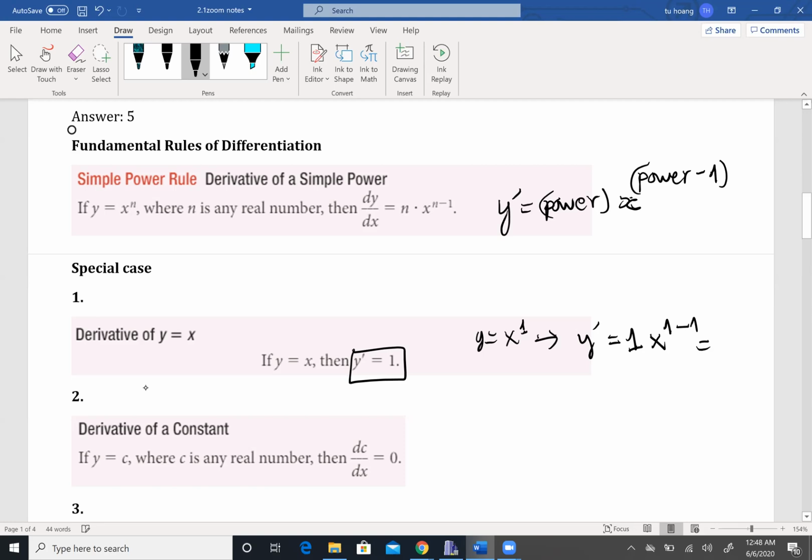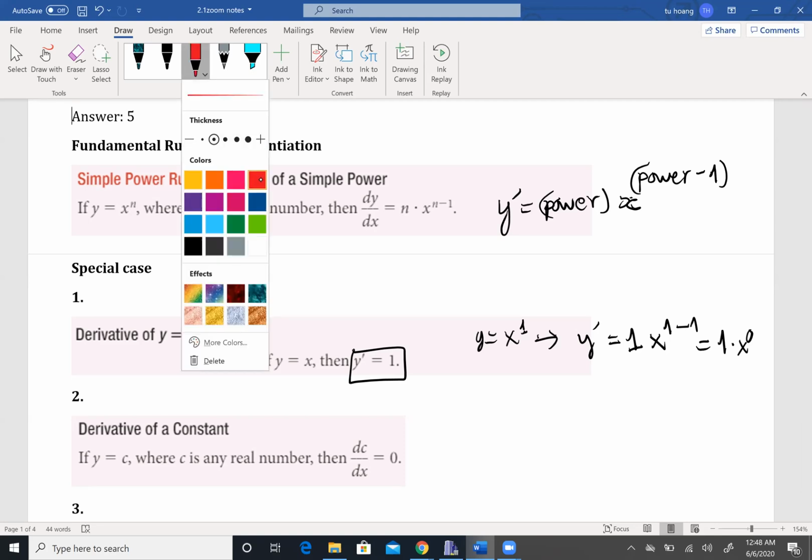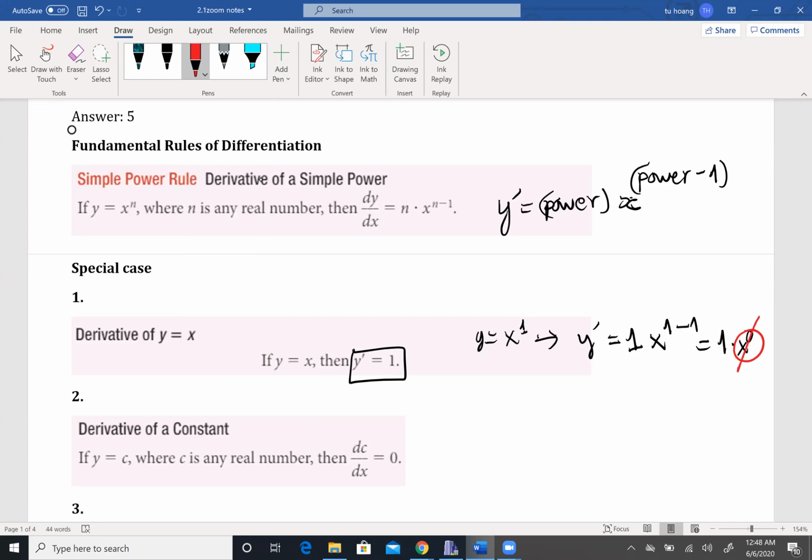When you simplify, you have 1 times x power 0. And for x power 0, you always know that this is equal to 1. That means 1 times 1 equals 1, and you have y prime equal to 1 in this case. Okay?